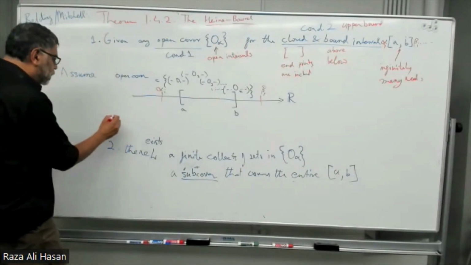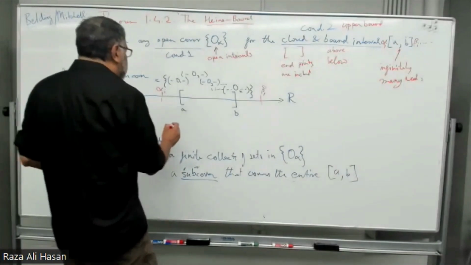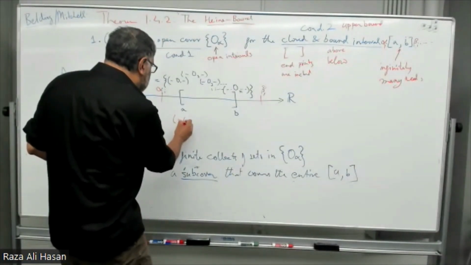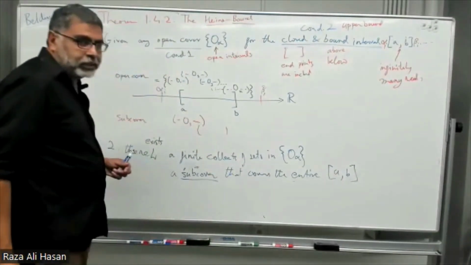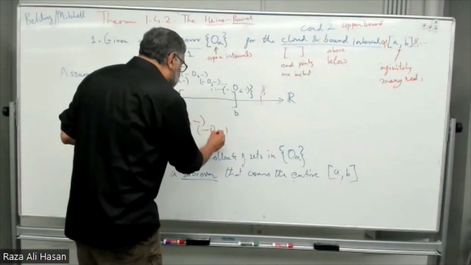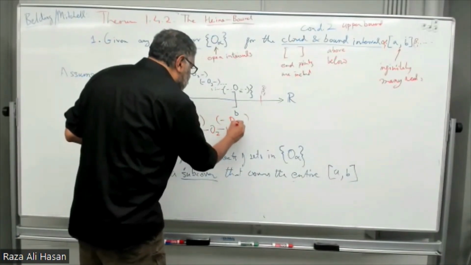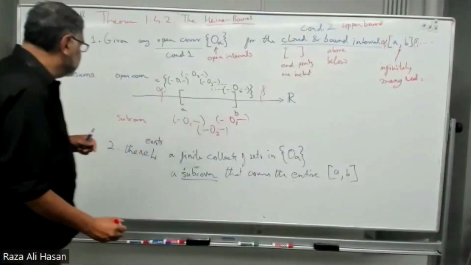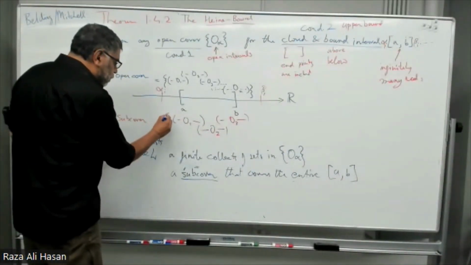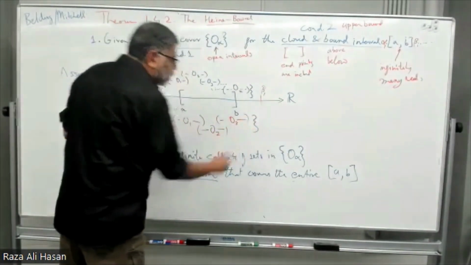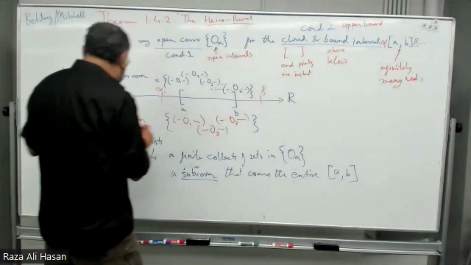We're going to have the subcover here, and here is our O1. Let's say only 3 things are needed. We're showing that our subcover is a set with 3 open intervals, and so this is finite.